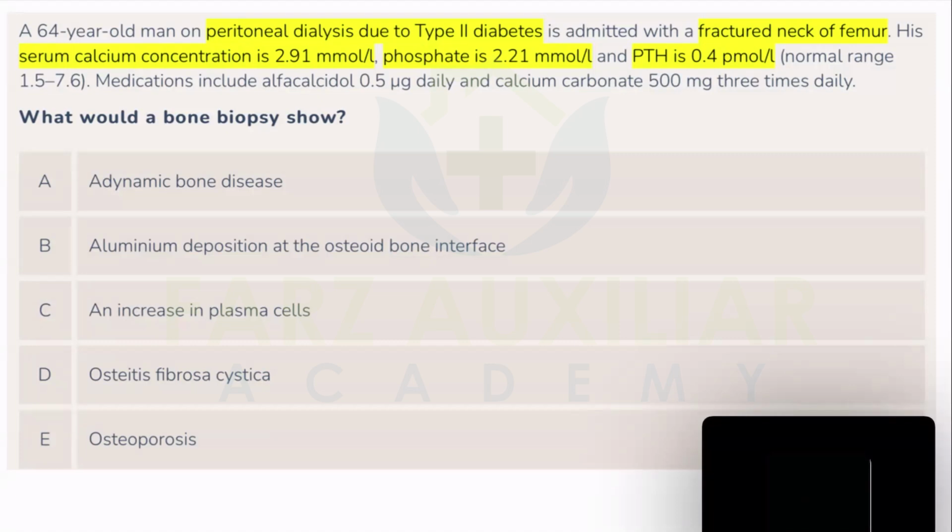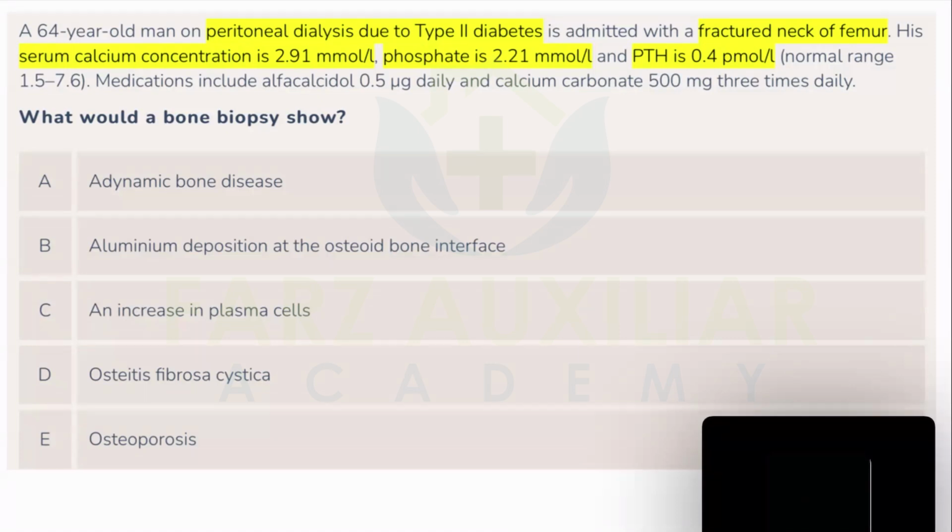If you come from the first line, peritoneal dialysis patient, CKD patient, fractured neck of femur, so there is some problem with the bones, osteomalacia, osteoporosis, something like that. Calcium is high, phosphate is low, parathormone level is low, and he's on some medications. So adynamic bone disease fits this more than osteoporosis, because the fracture neck of femur can be because of osteoporosis, can be because of osteomalacia as well, right?